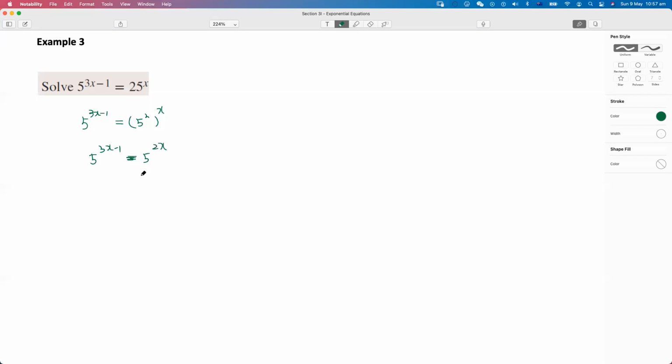So we've got the same base now, and we can just equate indices. 3x minus 1 is equal to 2x. Take away 2x from both sides. This side has 3x minus 2x, which is 1x, and minus 1. And this side has 0 because 2x take away 2x is 0. So x is equal to 1.